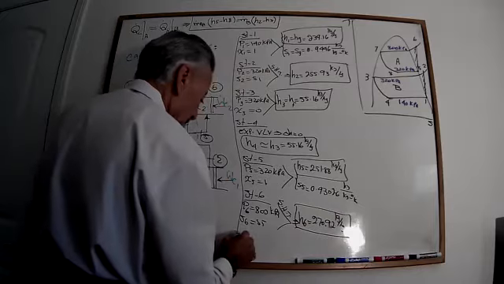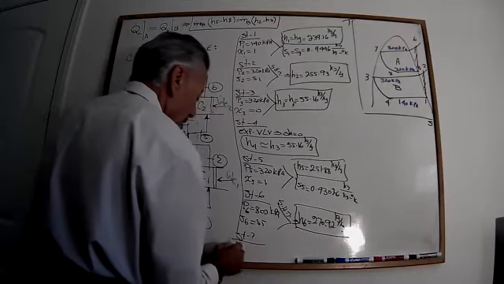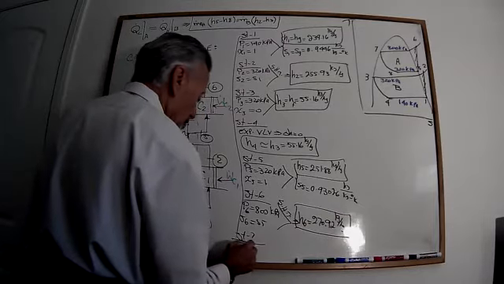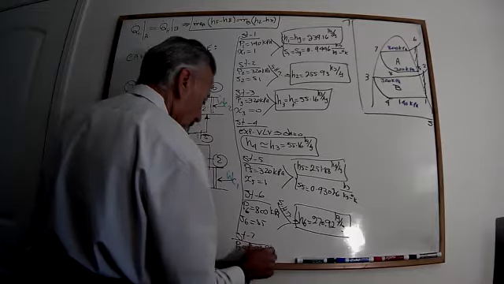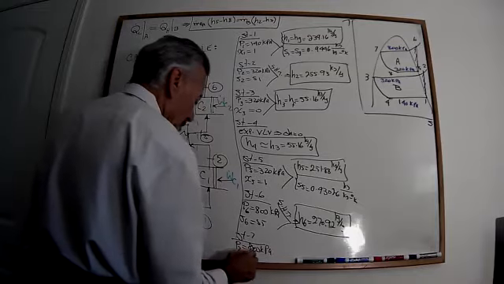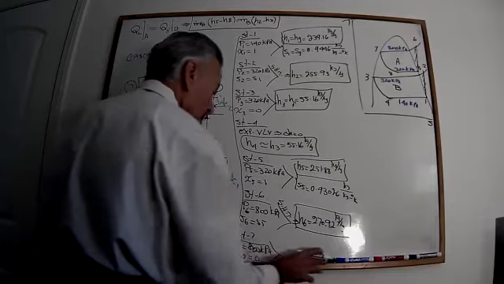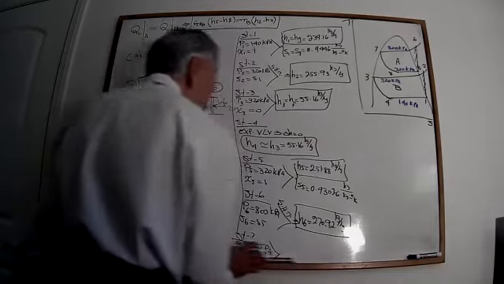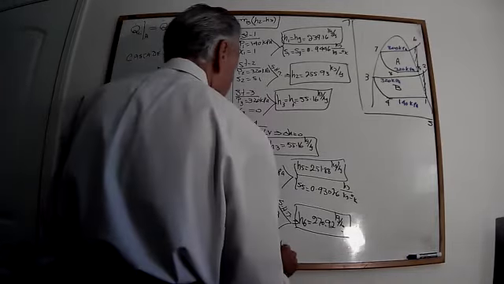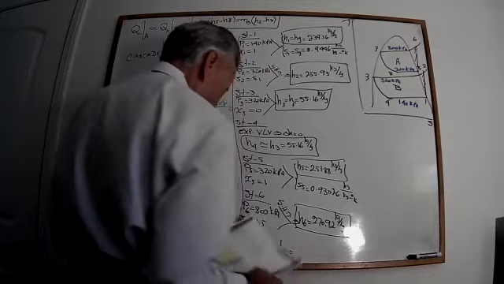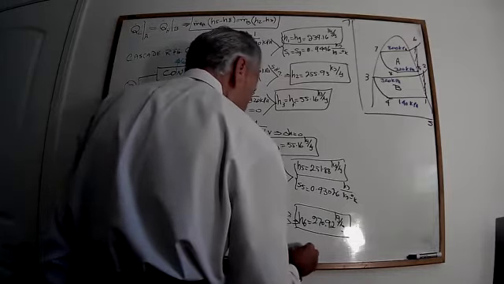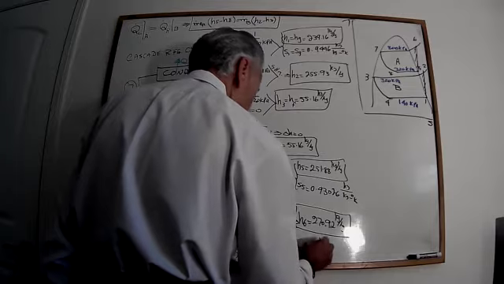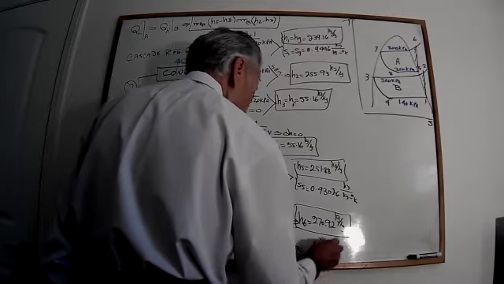At state 7, we have P7 equal to 800 kilopascal, and X7 being equal to 0. So now we can find the value of H7 to be 95.45 kilojoule per kilogram.